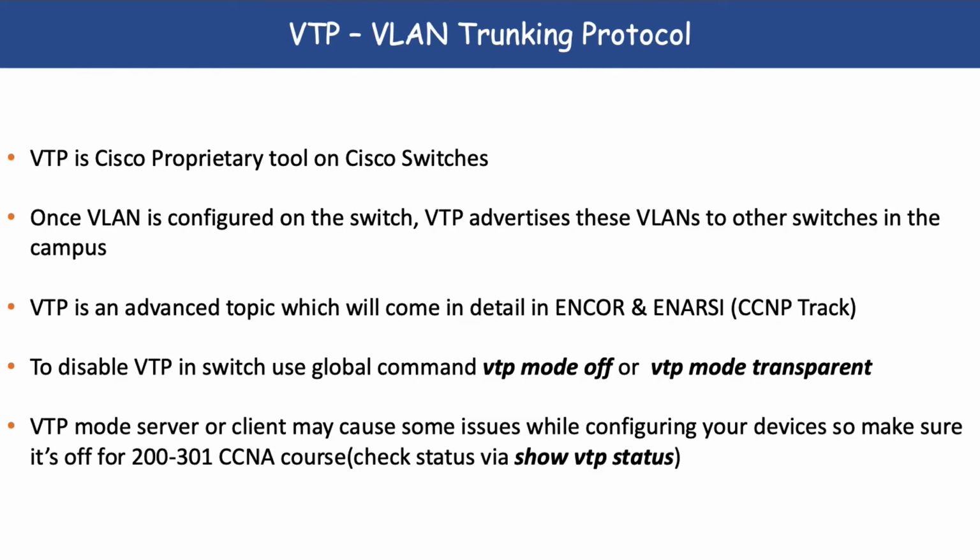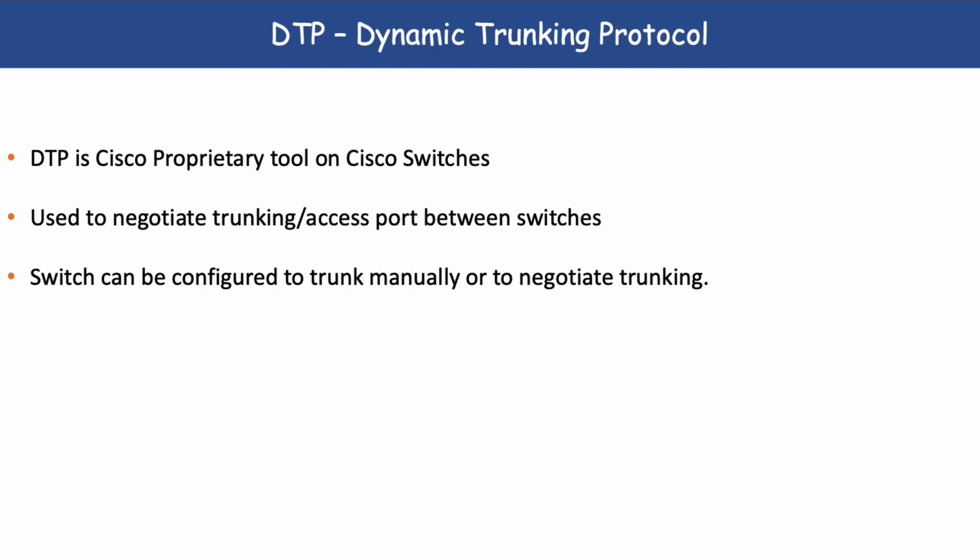So with VTP, when you configure a VLAN on one switch, it gets automatically configured on the other switch, whereas in DTP, the switches are negotiating whether they want to act as a trunk port or an access port. You can also switch off dynamic trunking.